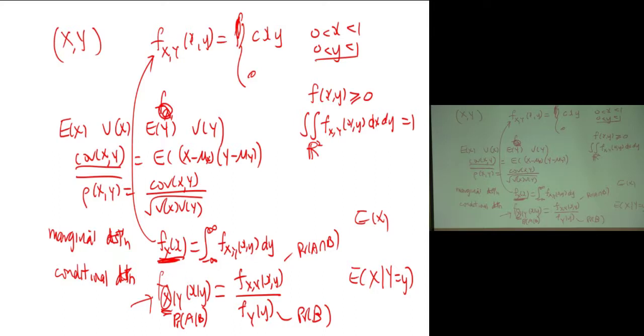For the conditional expectations, the same thing. You find the conditional distribution f of x given y, treat it as one variable, and find the expectation of x given y. Of course, you can also find the variance of x and the variance of x given y equal to y.